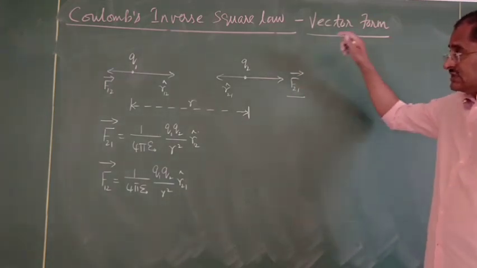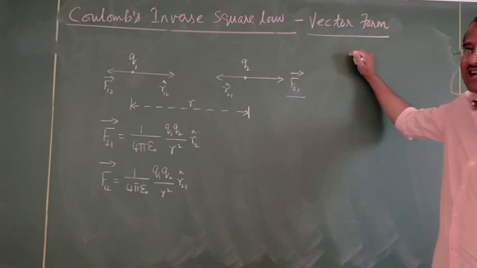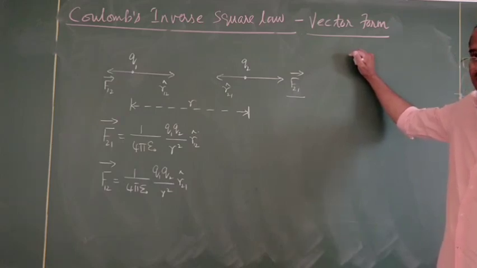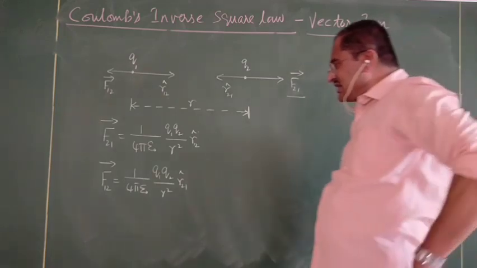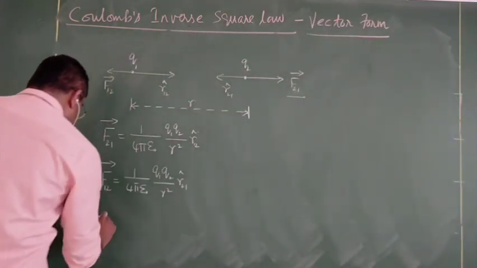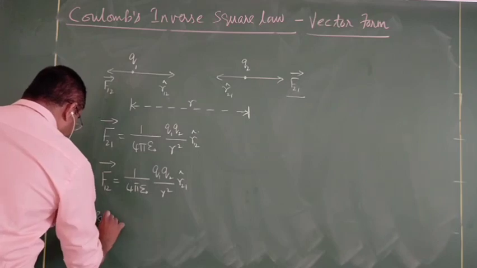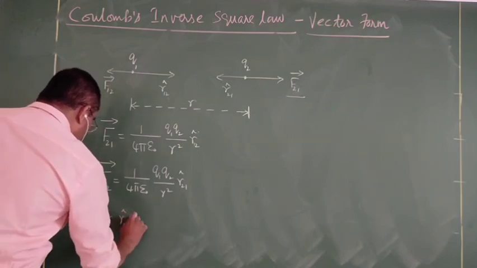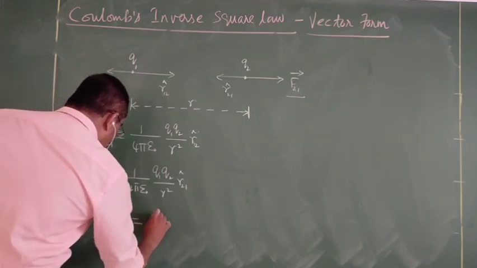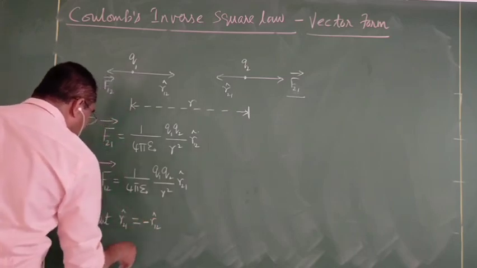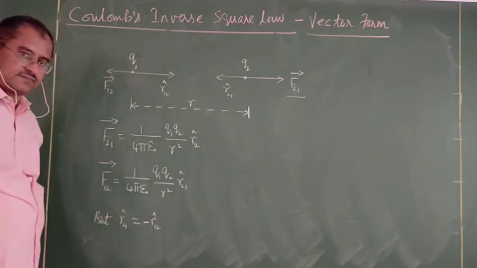Sir, charges Q1 and Q2 are exactly fixed at this point, which means they are not going to change. If that be the case, I can as well say R21 unit vector is equal to R12 unit vector but pointing in opposite direction.